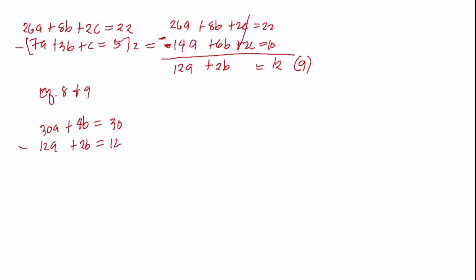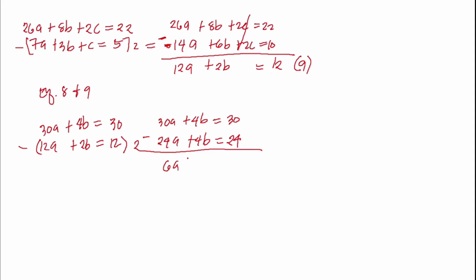So in order for us to get the value for a, we have to multiply all these terms by 2. So copy first 30a plus 4b, and we form a new equation by multiplying here. So minus, this is 24a plus 4b is equal to 24. Alright, so we have 30 minus 24, that is equal to 6a. b cancels, and this is 6. So therefore the value for a is equal to 1. So we have now the value for a is equal to 1.